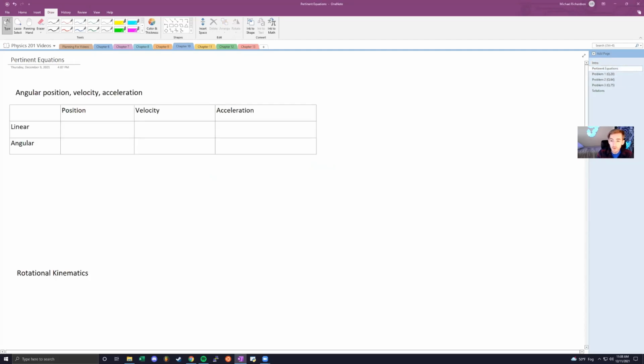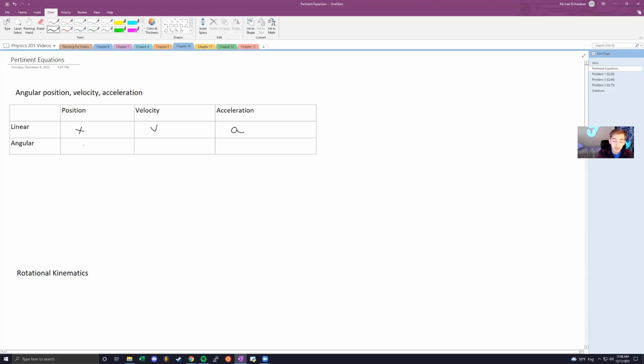So starting off with this chapter, we need to talk about our analogs for our linear quantities in comparison to those of our angular quantities. And we're really going to define them now. We've worked with position, velocity, and acceleration almost the entire semester. But now what we're going to do is take everything that we have in a very linear sense and put it in a circle.